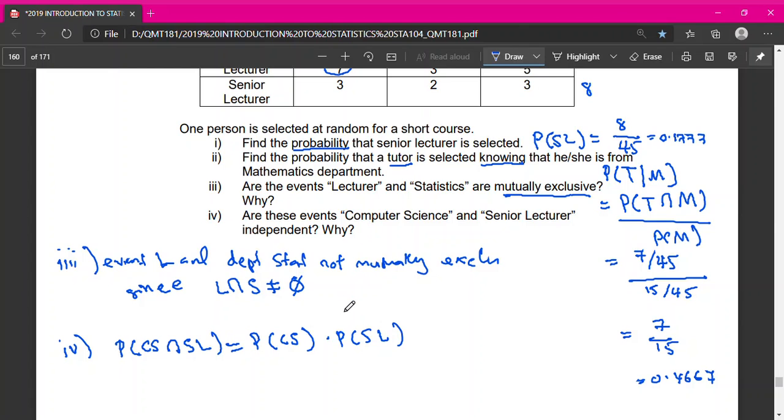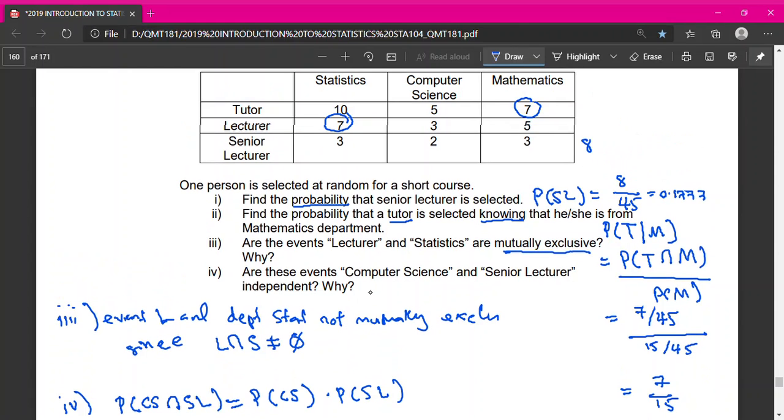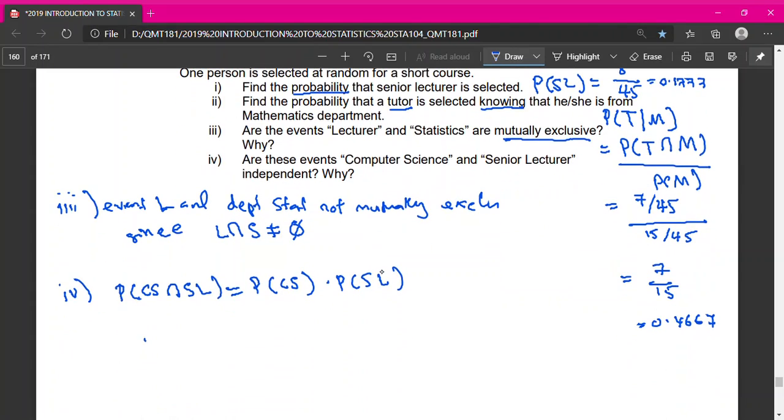Adakah sama? So kita tengok kat sini probability of senior lecturer intersect dengan computer science is 2. So statekan probability of CS intersect dengan senior lecturer is 2/45. Remember sebab kita statekan dia punya probability, so kena bahagi dengan total sample space.